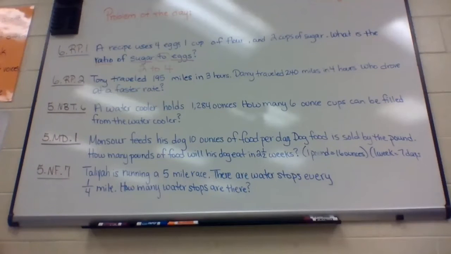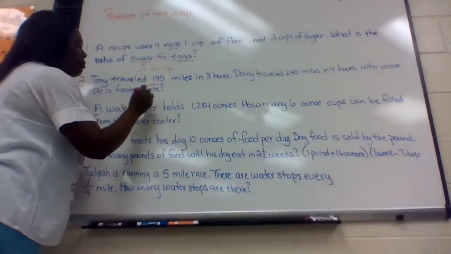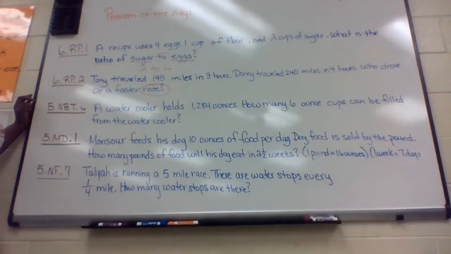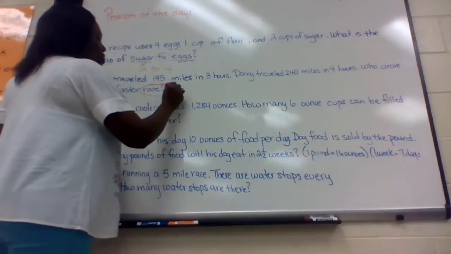All right, number 2. Tony traveled 195 miles in 3 hours. Danny traveled 240 miles in 4 hours. Who drove at a faster rate? When we talk about the rate, okay, what are we doing? What operation do we perform? Division.